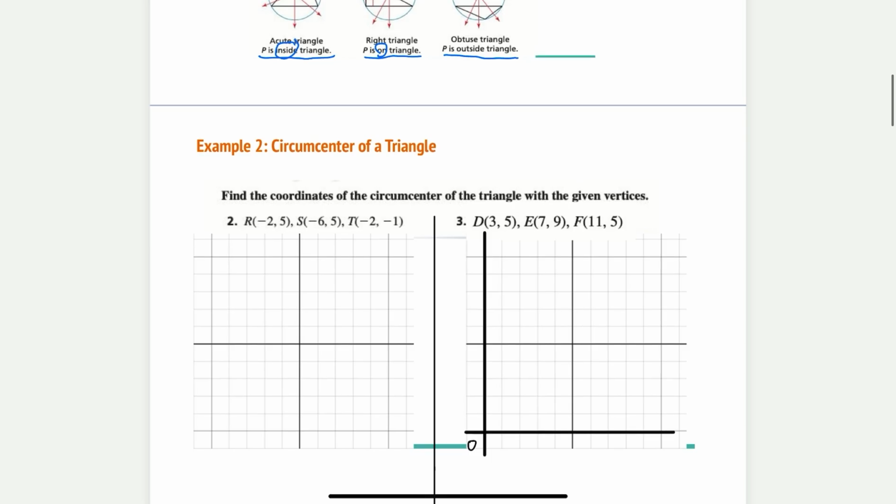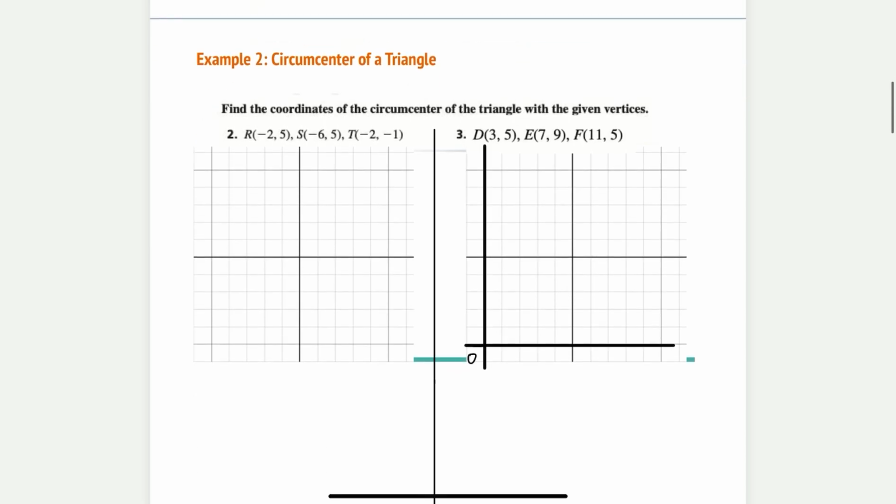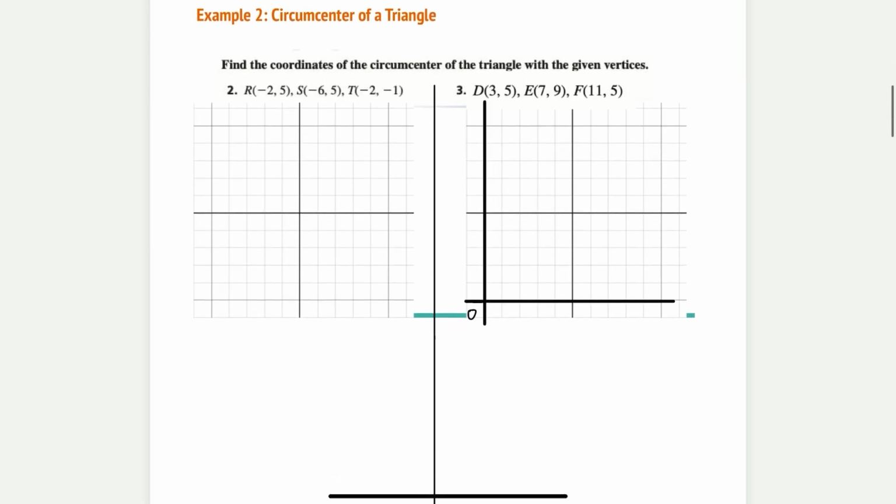Okay. Now, let's have an example here of the circumcenter of a triangle. So we have three coordinates here. Let's try to graph it first. So -2 and 5, somewhere here.